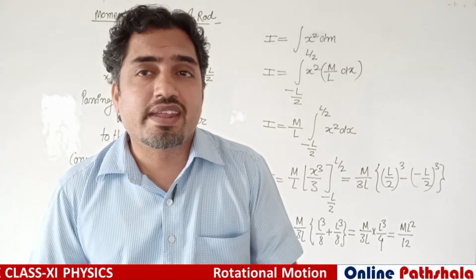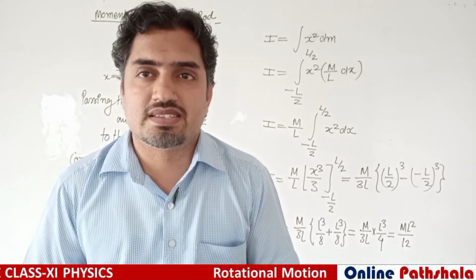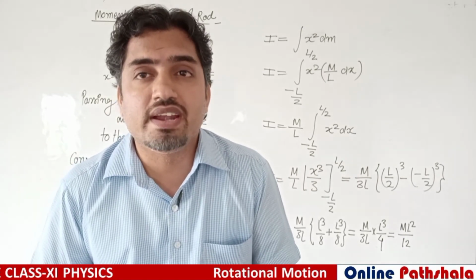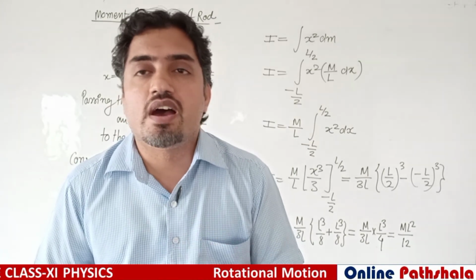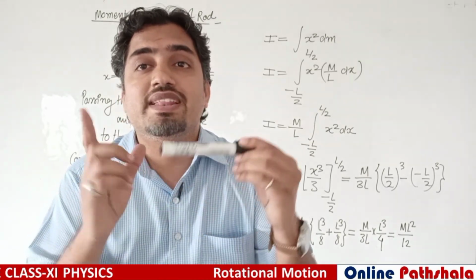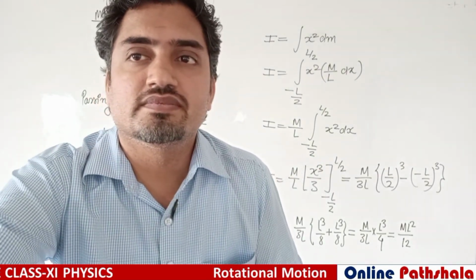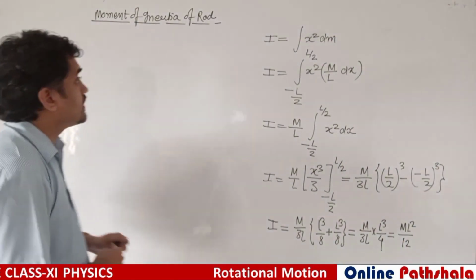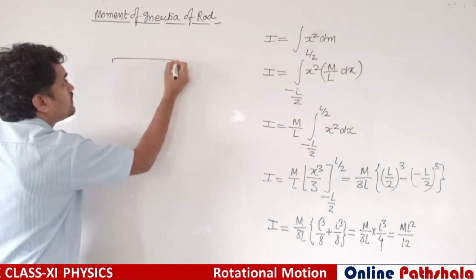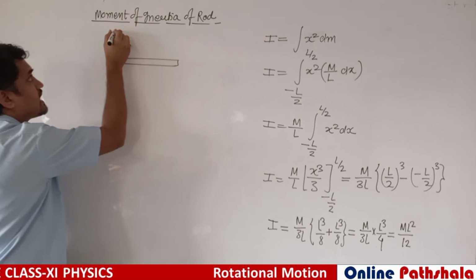Now we can take another case in which we find the moment of inertia of the rod about one end. The rod is rotating like that. Then what do we have to do? Let us see. It is our rod now and this is the axis of rotation.